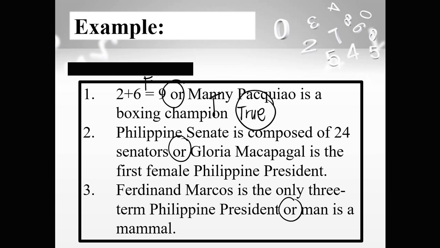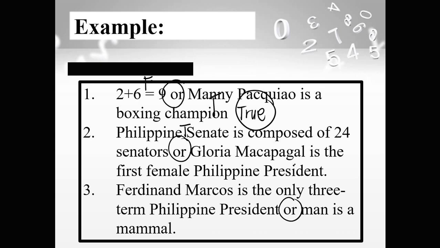Okay? Next, for number 2, we have the Philippine Senate is composed of 24 senators. That is your first statement. Your second statement is Gloria Macapagal is the first female Philippine president. So let's identify if your first statement is true or false. Philippine Senate is composed of 24 senators, which is true.